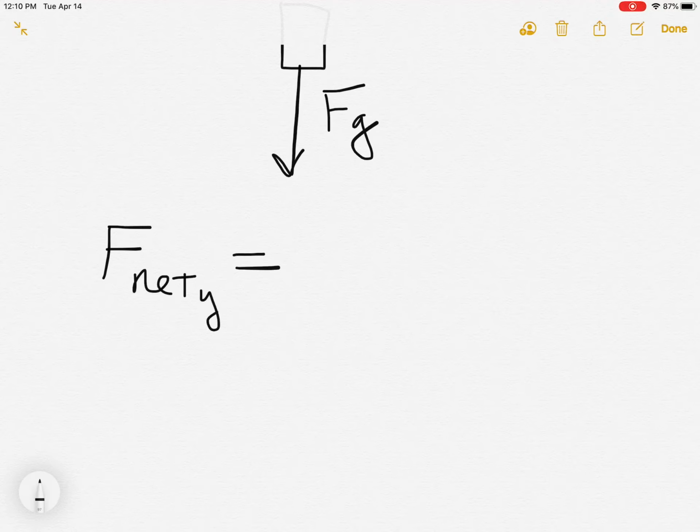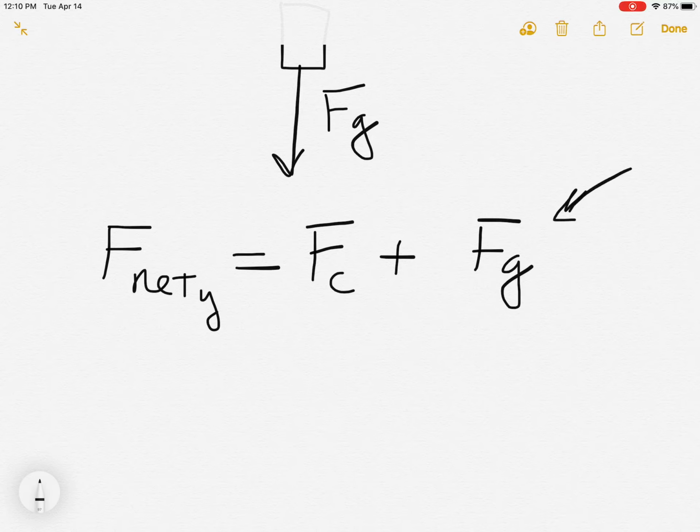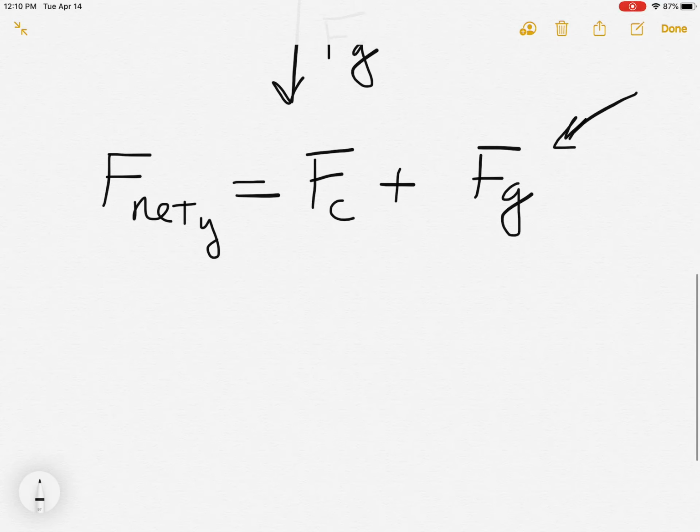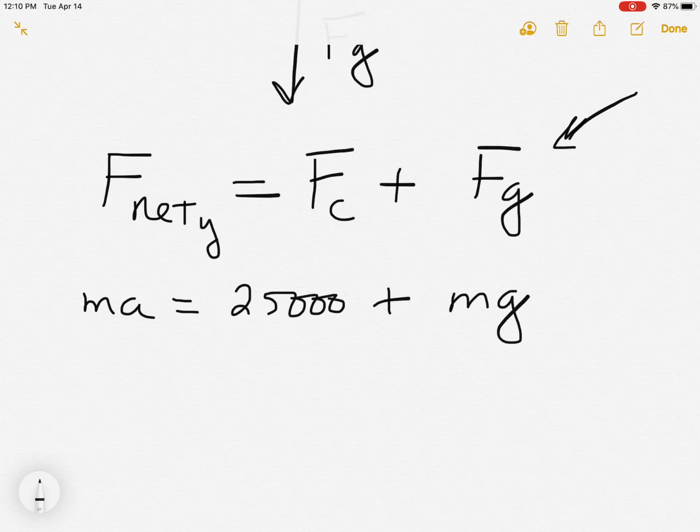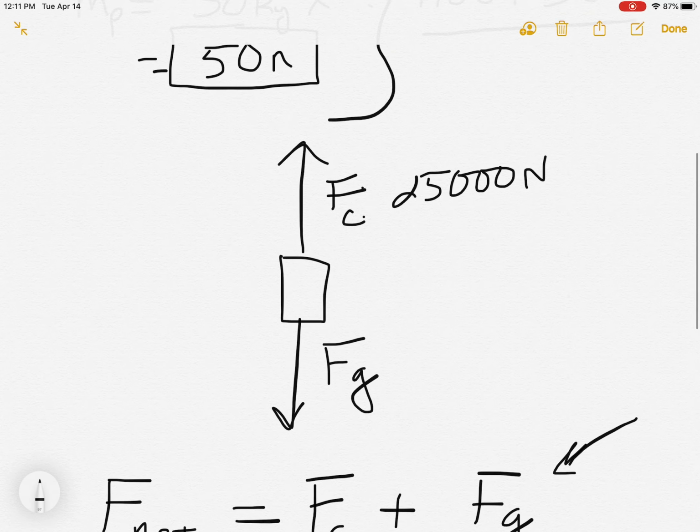We write our net force equation. In this case, it'll be the y, the up and down. Force of the cable plus the force of gravity. You notice how we're doing it exactly the same way because we already said that this equation right here that I've just drawn describes everything. It describes the situation no matter how many people are on board. So, ma equals 25,000, and then we have mg.